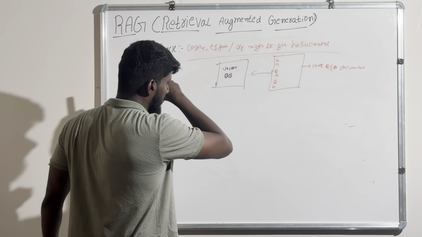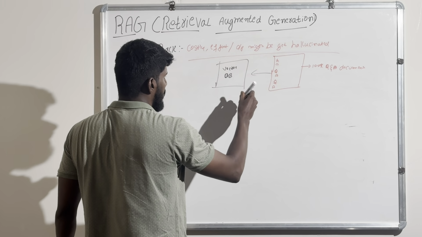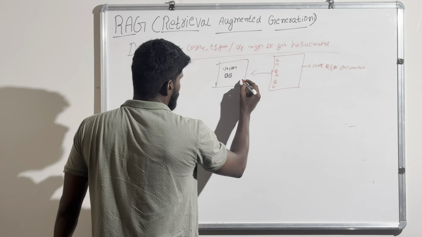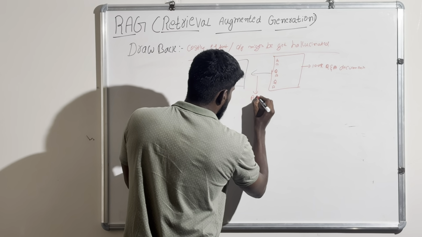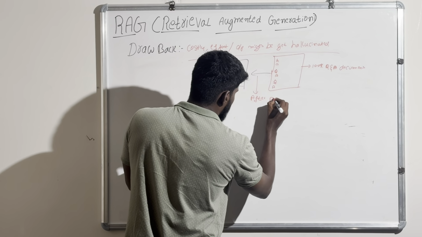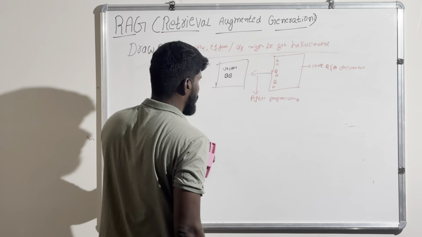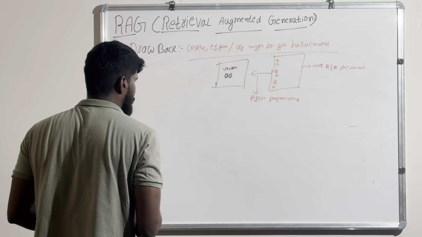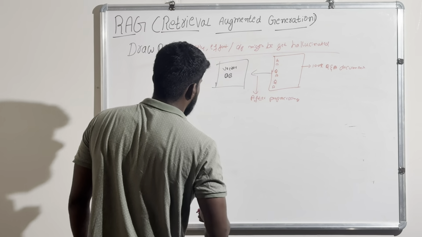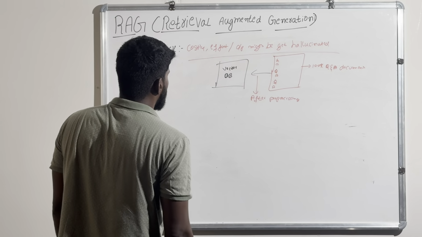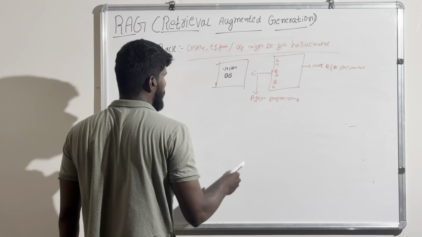Now we have this data after pre-processing everything, chunking and converting to embeddings. We stored it in the vector DB. Once we process this data, we put it into this vector DB.